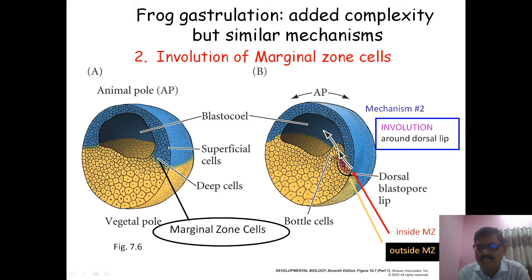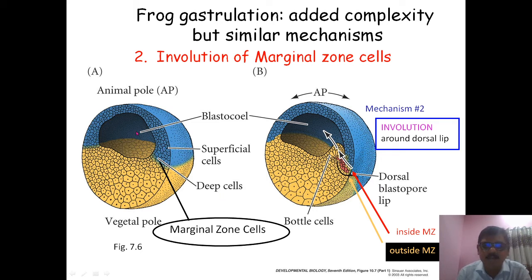As this zone moves along the previous layer, the blastocoel will slowly get replaced by a cavity, and this cavity is called the Archenteron cavity. This involution occurs around the dorsal lip of the blastopore. And these are the marginal cells.